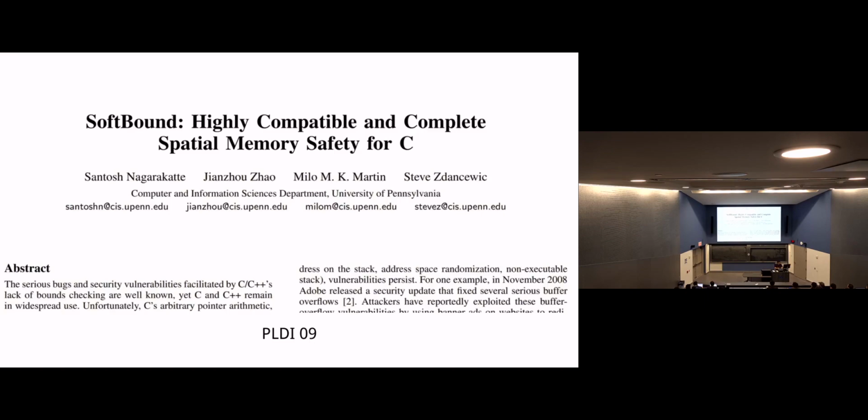For example, this is a paper published in one of the top conferences in programming languages. It's called PLDI, which is Programming Language Design and Implementation. It is a paper published 23 years ago. So there are actually many papers in this area.